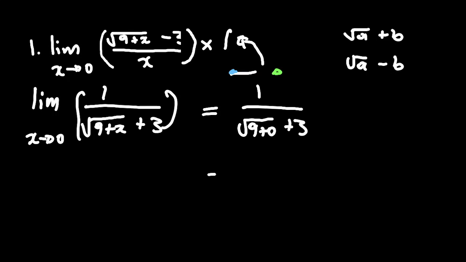Now the square root of 9 is 3, so I have 1 over 3 plus 3, and this will be 1 over 6. This will be your answer for this equation here.